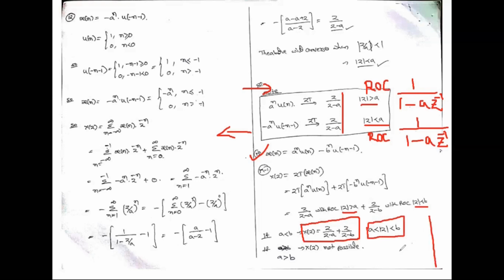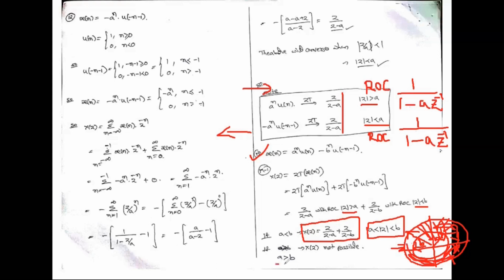Suppose we draw a circle with radius a, where Z greater than a means outside the circle, and another circle with radius b, where Z less than b means inside the circle. Now an overlapping occurs in between the circles, not inside the circle of radius a and not outside the circle of radius b. It is in between a and b; in between a and b, there is an overlap.